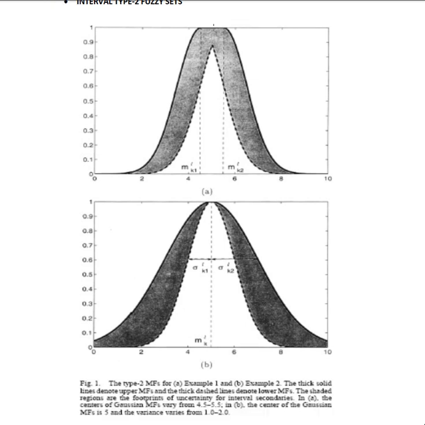Under the flat surface, if you take a distribution, it will more or less have a range under the Gaussian membership functions of 4.5 to 5.5 as per this figure.